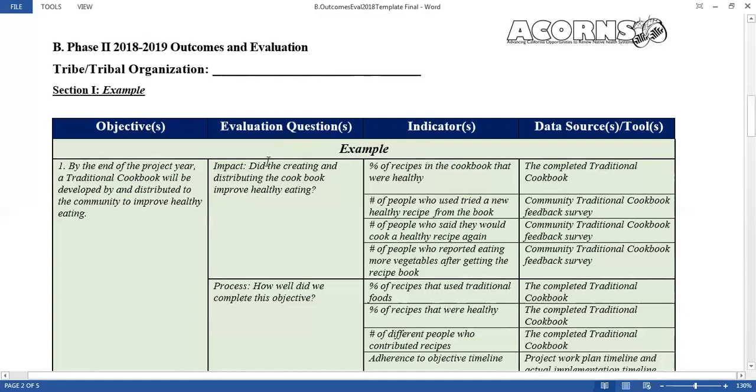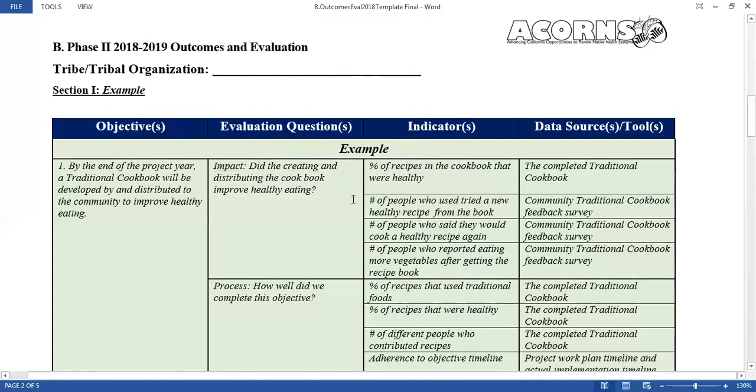So once we know what our evaluation questions are, or what we want to know about our project at the end, we need to determine indicators. An indicator is what will help us answer that question. So if my question is, did the creation and distribution of the cookbook improve healthy eating, what information would help me answer that question?